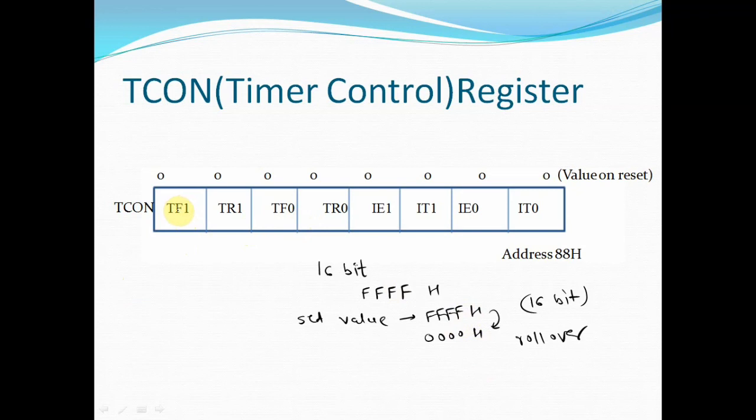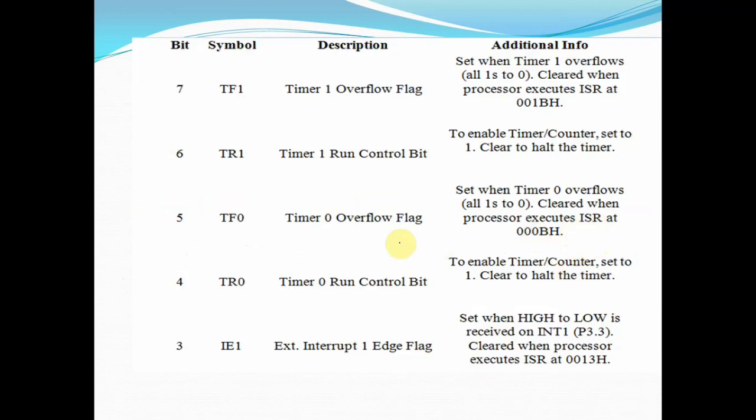So TF1 stands for timer 1 and TF0 stands for timer 0. These are set when the timer overflows and are cleared when the processor executes the interrupt service routine at the specified addresses. For timer 1 the address is 001B, for timer 0 the address is 000B.